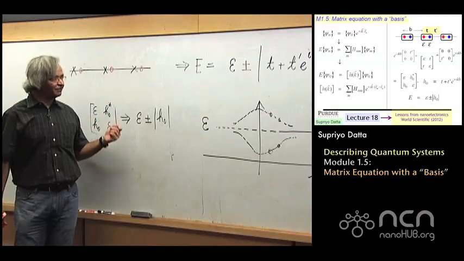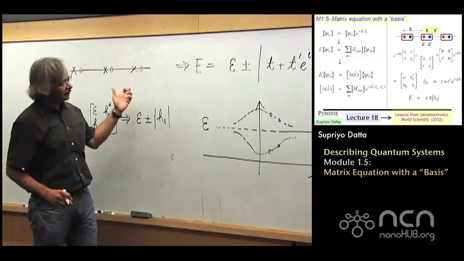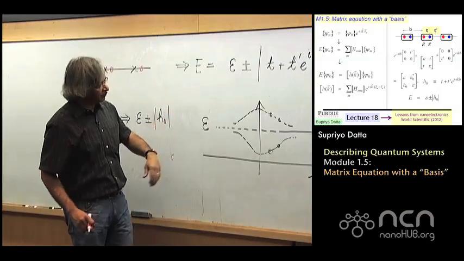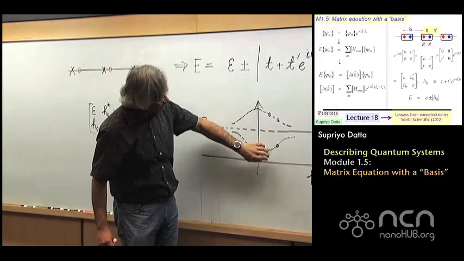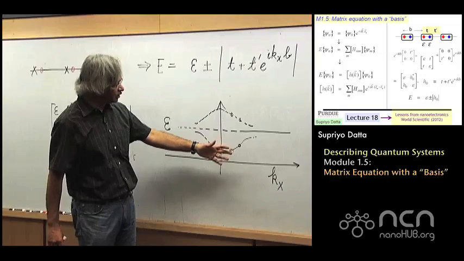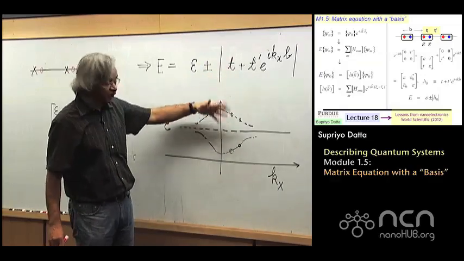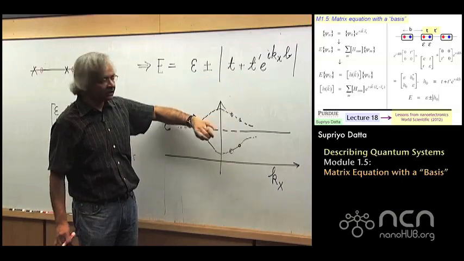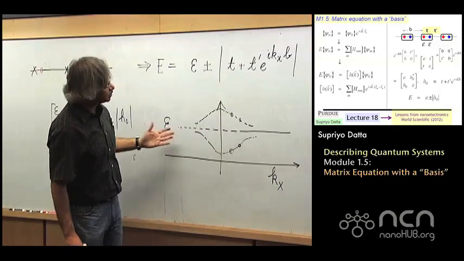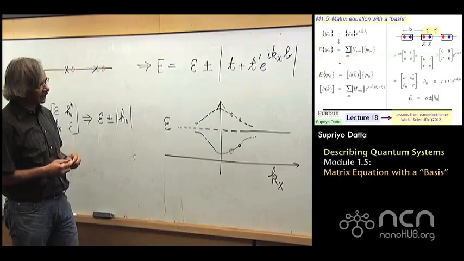If it's 20 of them, then when you write down this matrix H of k, you'd have a 20 by 20 matrix. What that means is for each k, you could have 20 branches. So if you actually look at a band structure in a textbook, you'd often see lots of branches running all over, you see? And it can get quite confusing. I mean, it takes a while to actually see what is happening. And so it's always useful to do these simple problems to make sure you know what you're looking at.